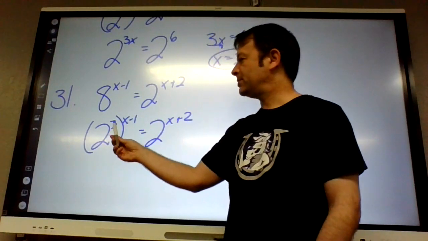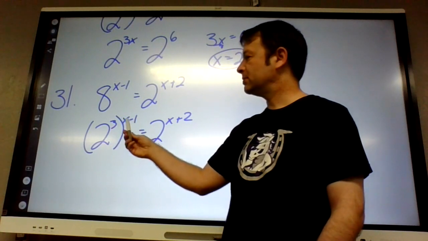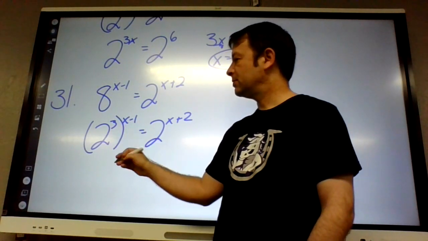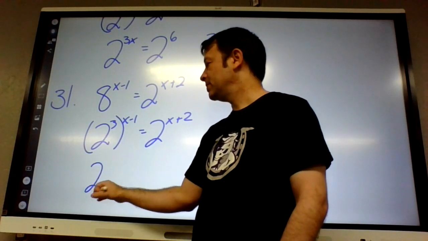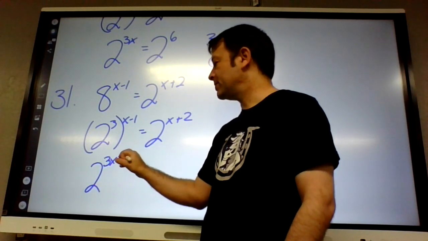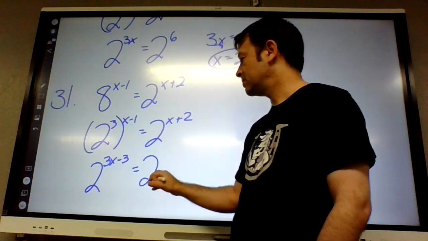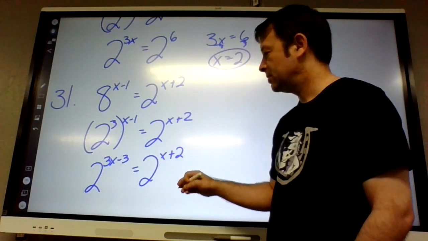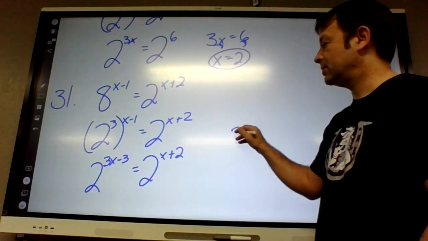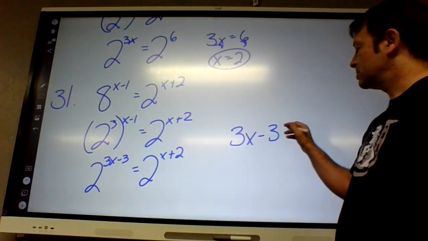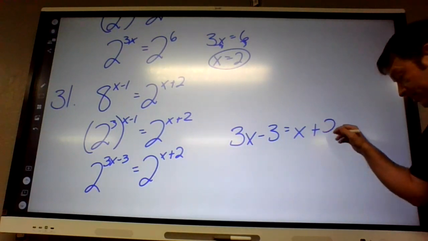What's this going to turn into right here? 3x minus 3. Right. 3 times x minus 1, it's got to multiply it all, so it's 3x minus 3. So their bases are the same, so the exponents need to be the same. 3x minus 3 needs to equal x plus 2.